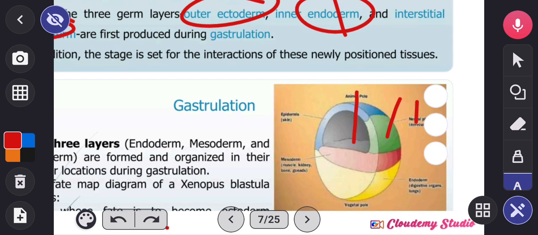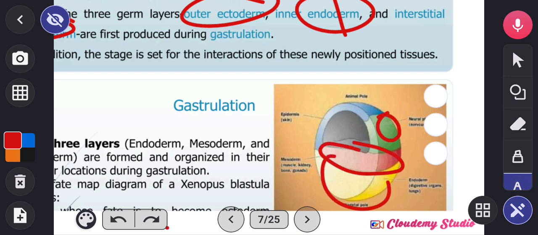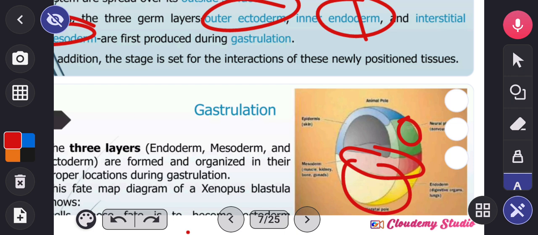And if you look at it very well, they are colored in different ways. You will see that we have the green, the red, and the yellow. The part that has less yolk, or fewer cells, is what we refer to as the animal pole. The one that has more yolk is what we refer to as the vegetal pole.